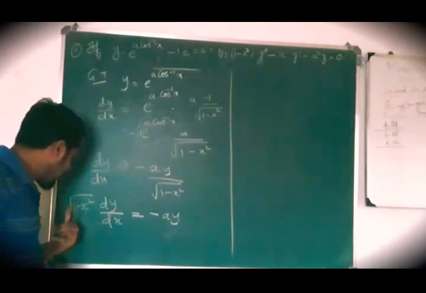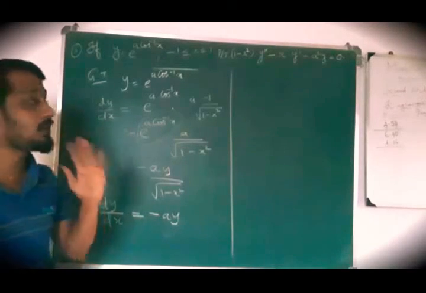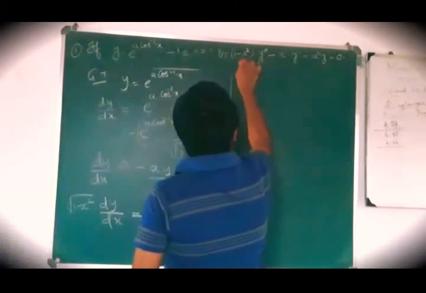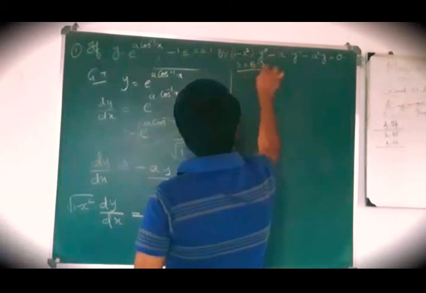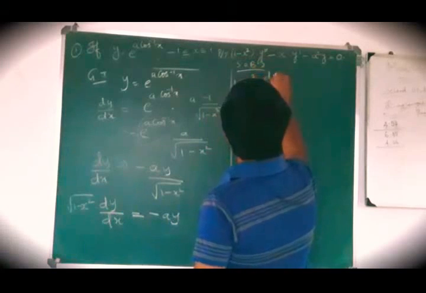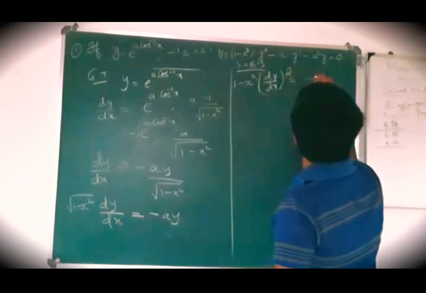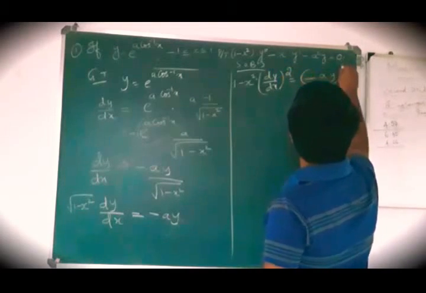In order to eliminate this root, the possible way is SOBS, that is squaring on both sides. So squaring on both sides, you will get (1 minus x square) into (dy by dx) the whole square is equal to (minus ay) the whole square.